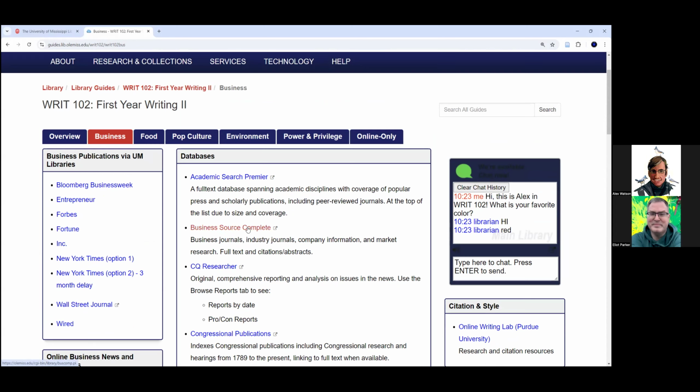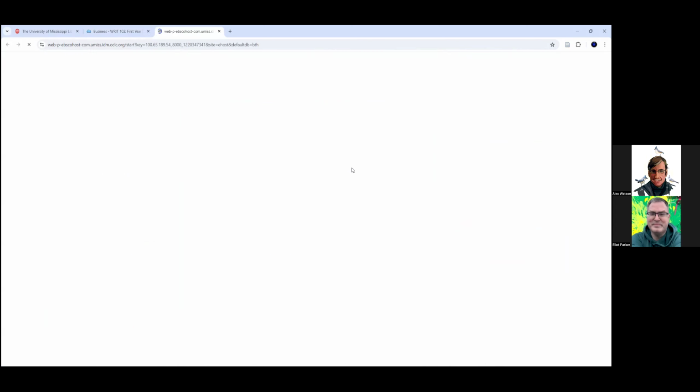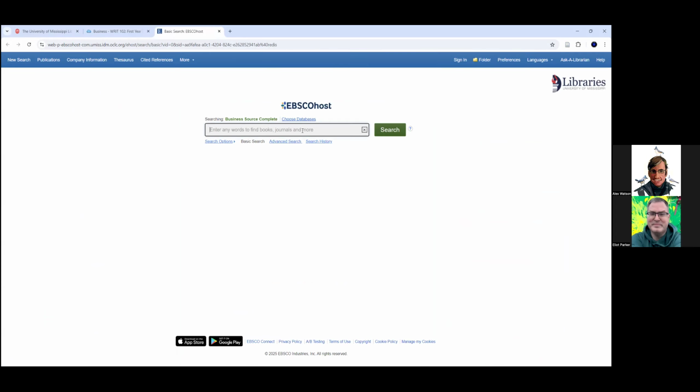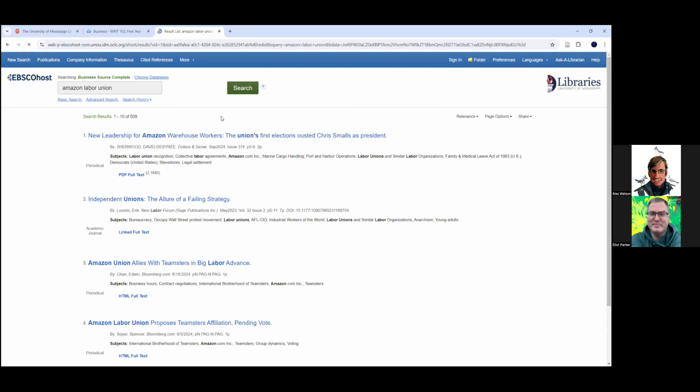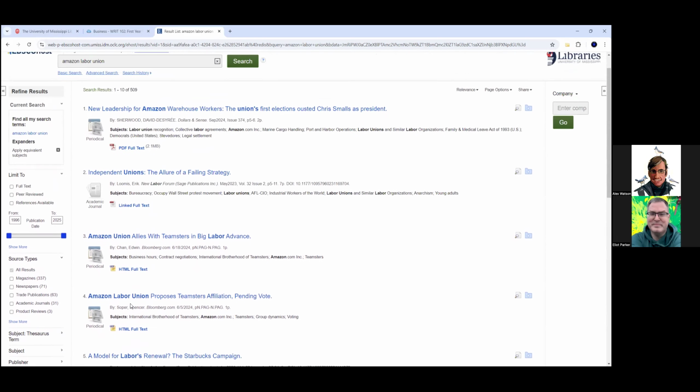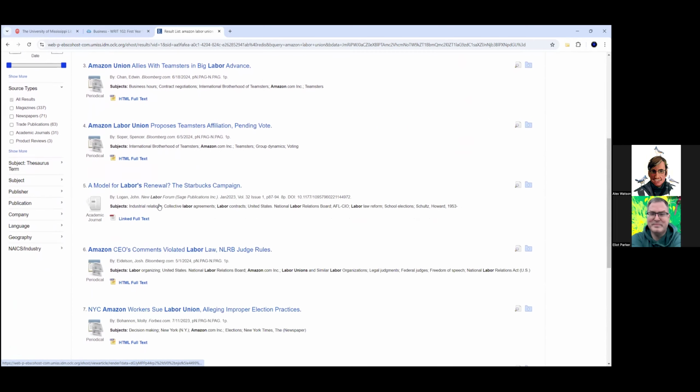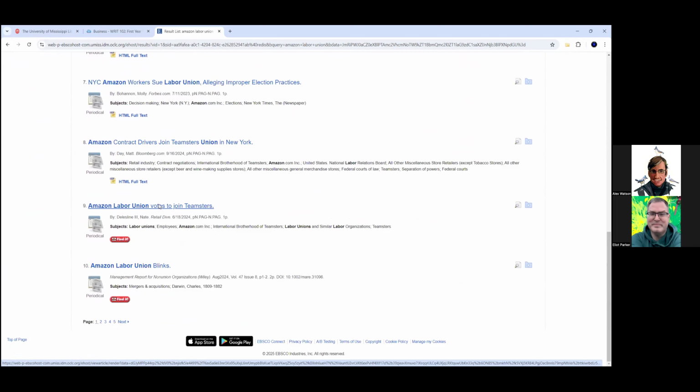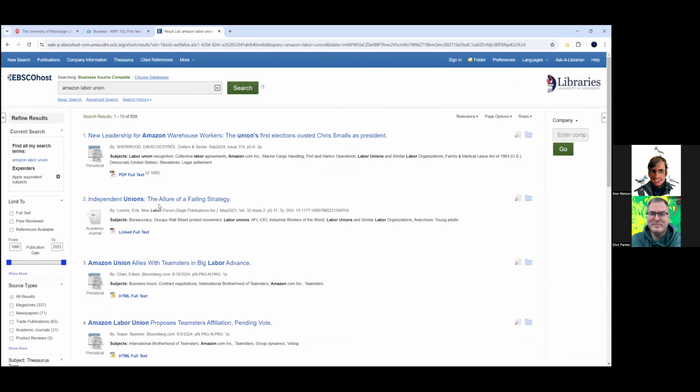For instance, if we look at Business Source Complete, which is a business-only database, you can see we have a large number of articles, and we don't have anyone seemingly talking about the Amazon rainforest.